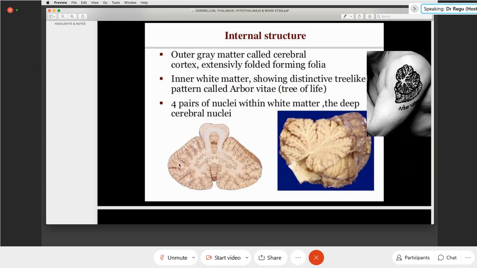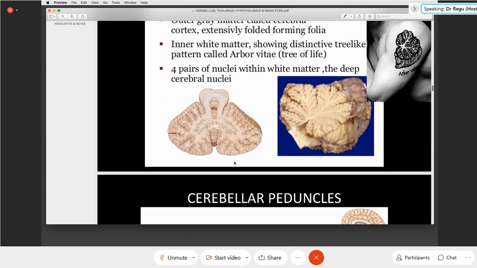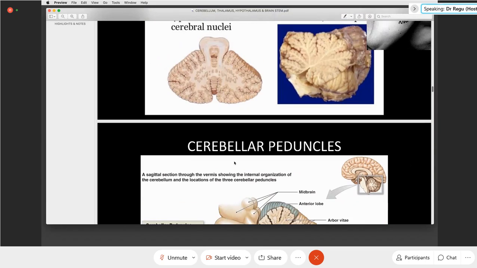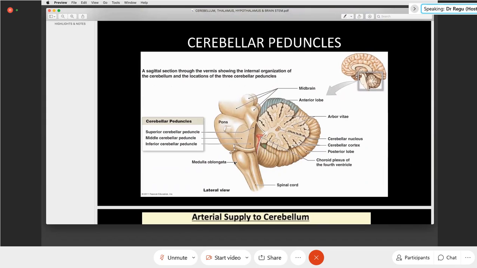Now, if you cut across the center, just like in the cerebrum, there are also some deep cerebellar nuclei, just like thalamus, hypothalamus. Basically, within the cerebellum also there are some deep nuclei that are involved in integration. I'll give you the name shortly. Now, remember earlier I mentioned the connection between the cerebellum and the brainstem.